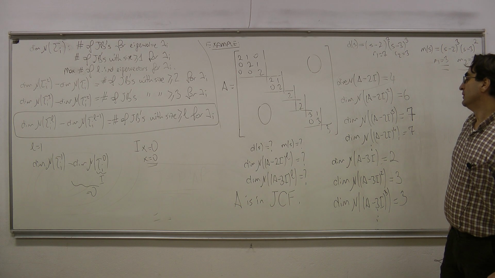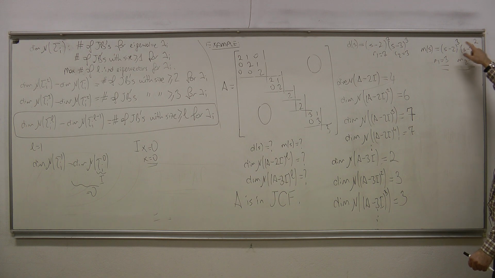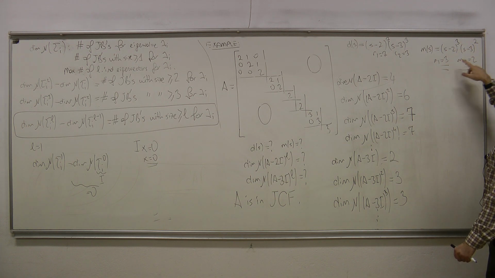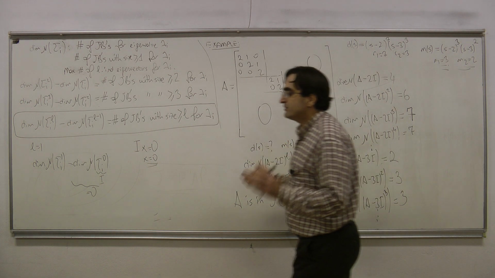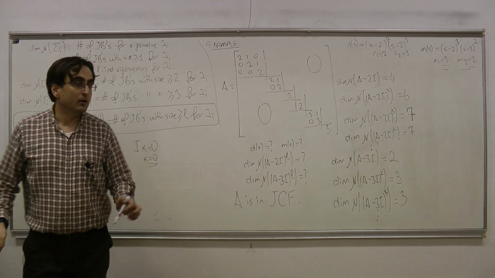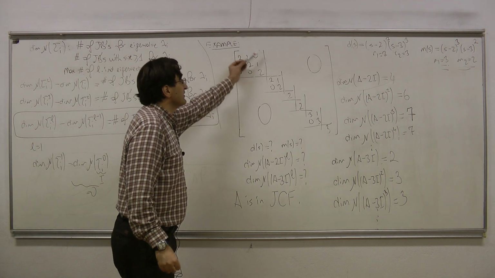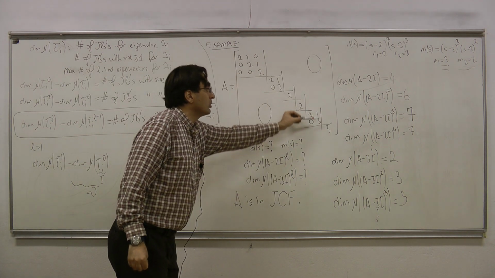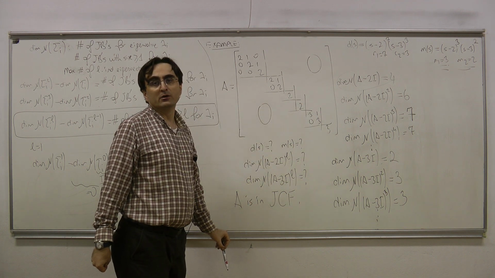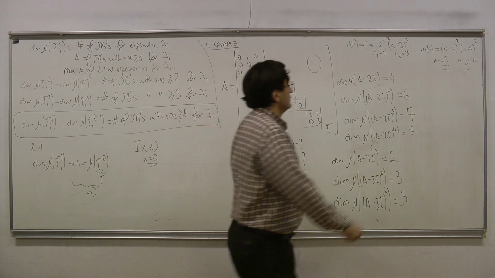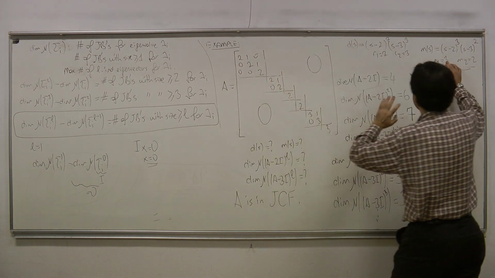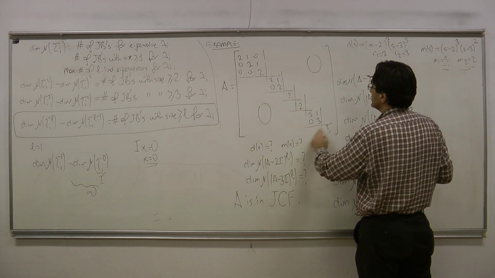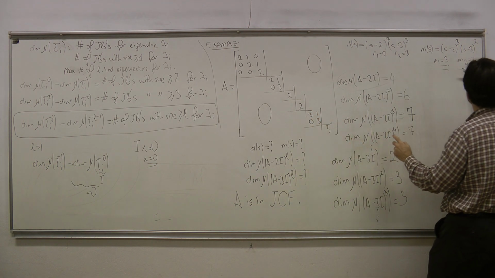Okay? So what can I say about these M1 and M2? These M1 and M2 powers, the multiplicities in the minimal polynomial, should be equal to the size of the largest Jordan block for each eigenvalue. Okay? The size of the largest Jordan block for the eigenvalue 2 is 3. The size of the largest Jordan block for the eigenvalue 3 is 2.